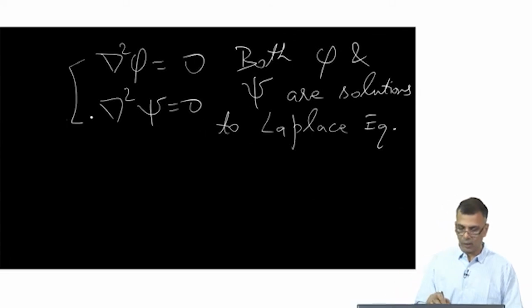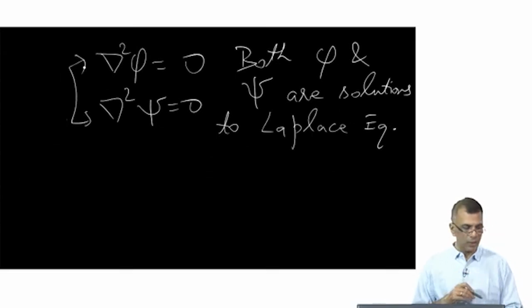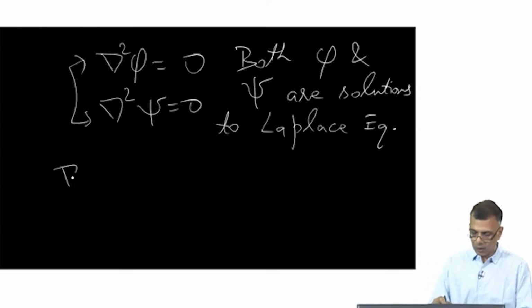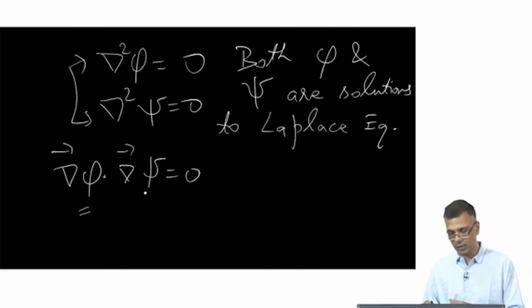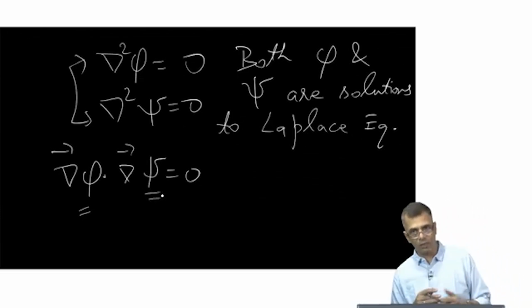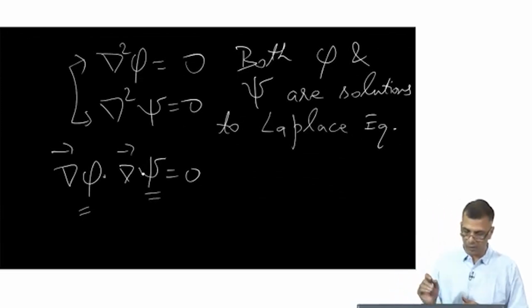What's more, these are orthogonal. In other words, the potential lines and the stream lines are orthogonal, very much like electrostatics.